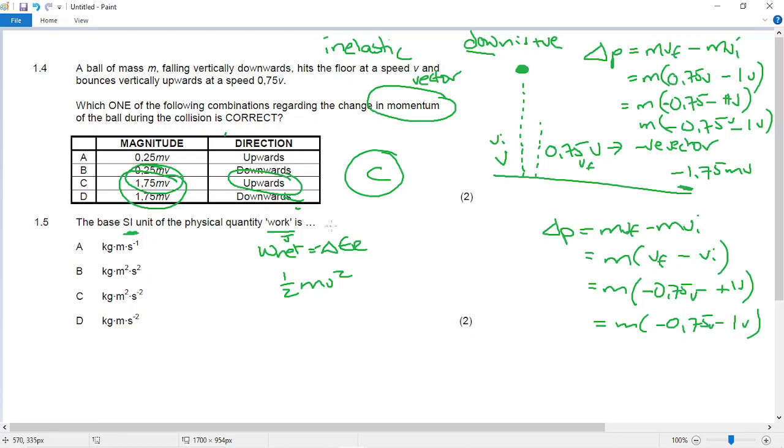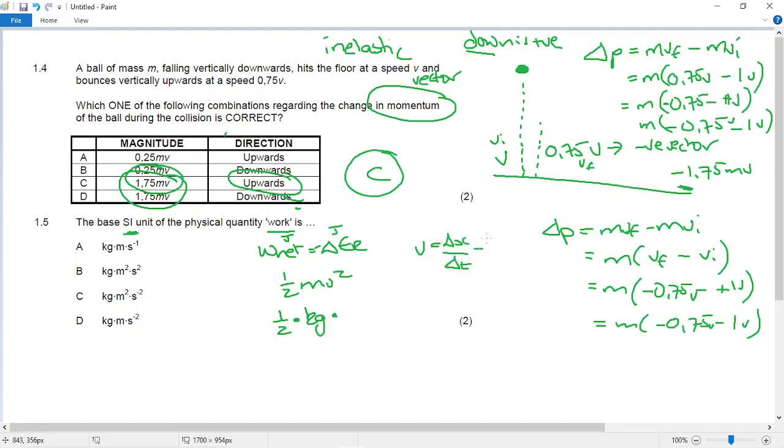So the left-hand side is measured in joules. The right-hand side is also measured in joules. So either one will give me a unit for work. A half does not have a unit. It's just a number. Mass we measure in kilograms. Velocity is the rate of change of displacement, so v equals delta x over delta t.